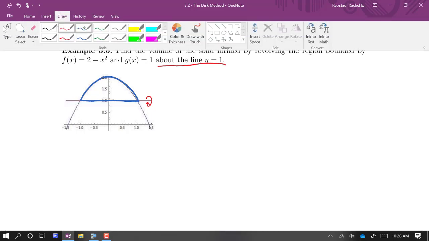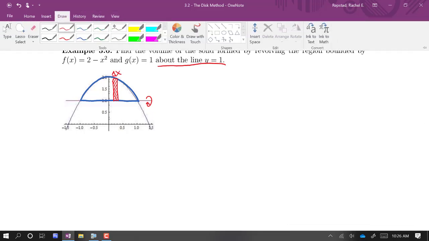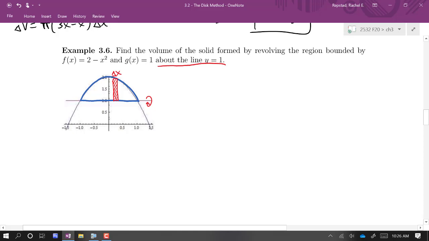So I know I have to draw my rectangles so that they are perpendicular to the axis of revolution. That's got to have a delta x width, which will end up being the height of our cylinder, our disc. And if I revolve this, there's our sample disc.